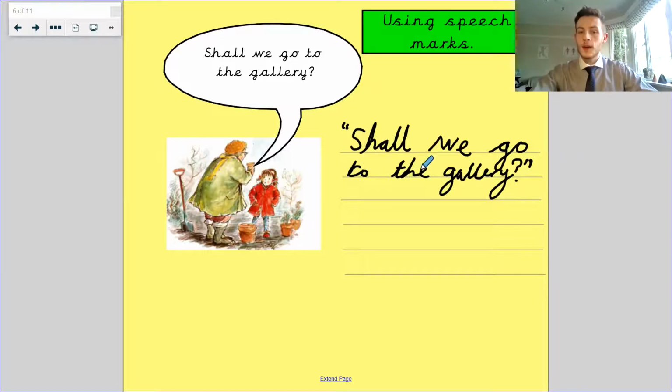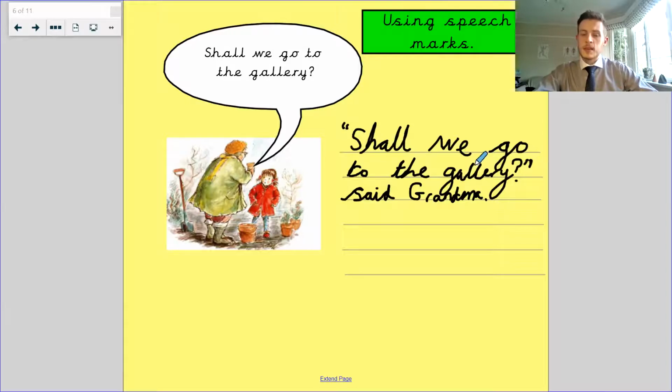So because it's all part of the same sentence, we need to include said grandma. And grandma is the name of someone, so she needs a capital letter. And then we need a full stop to end our whole sentence.